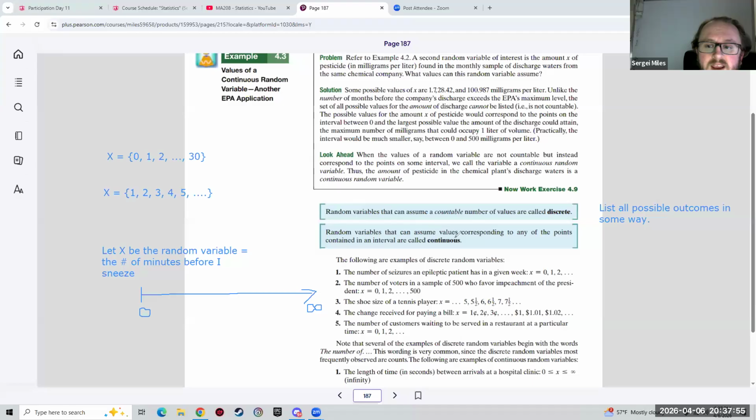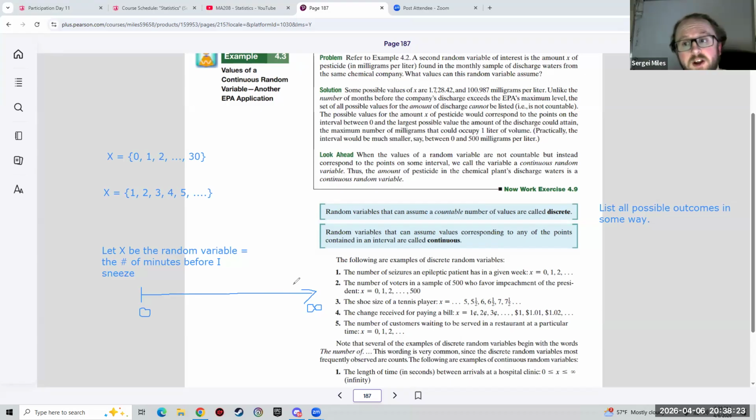And so this is a continuous random variable, since my only way of representing it is with a continuous number line, as it can be any continuous real number from 0 to infinity. Okay? So we want to make the distinction here because whether I'm dealing with a discrete random variable or a continuous random variable, we're going to have to handle the probability differently for each situation.